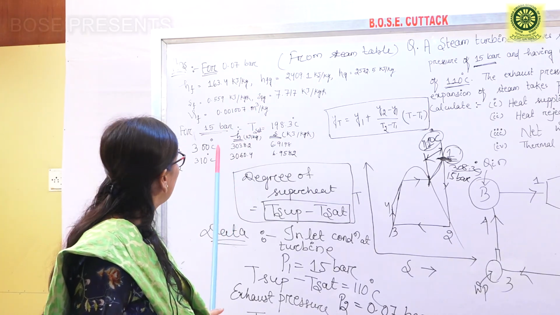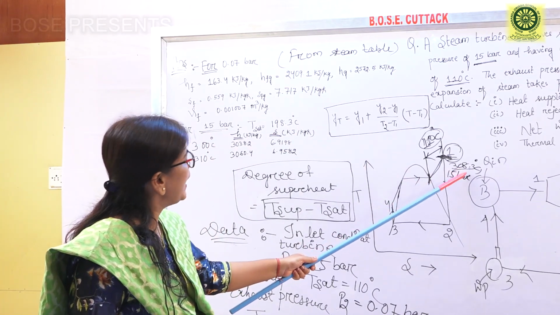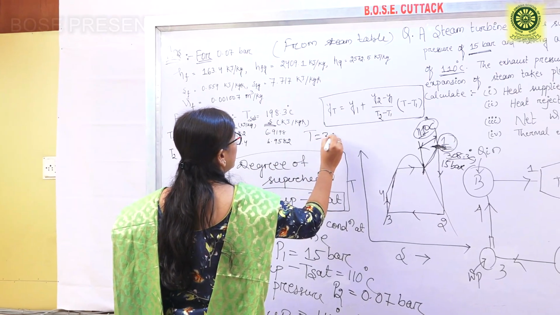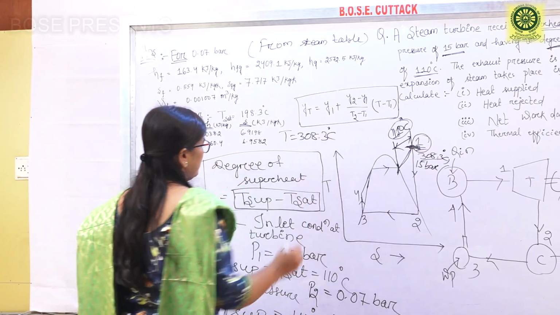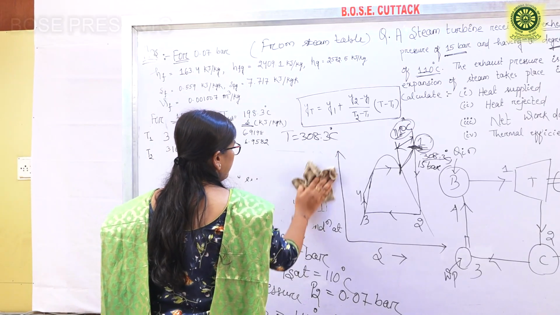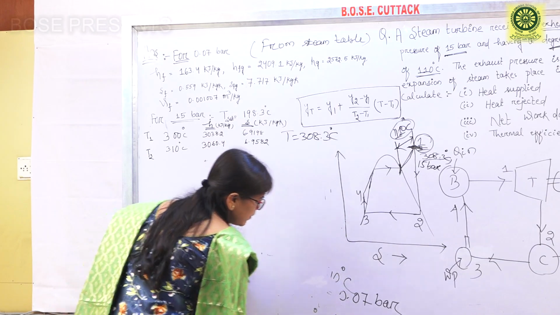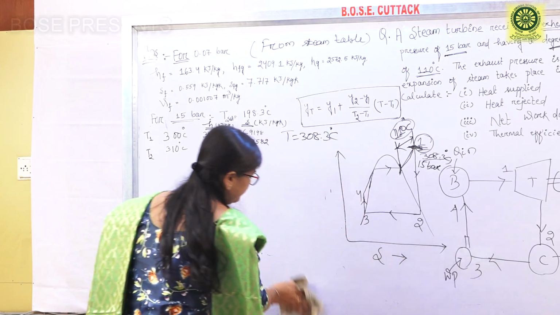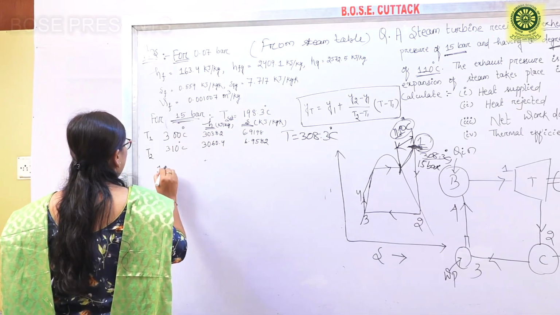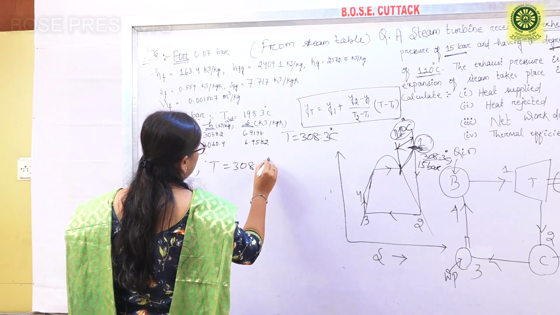And then next is for 15 bar pressure and temperature 308.3. So here you are going to find out the values for 308.3 degrees centigrade.